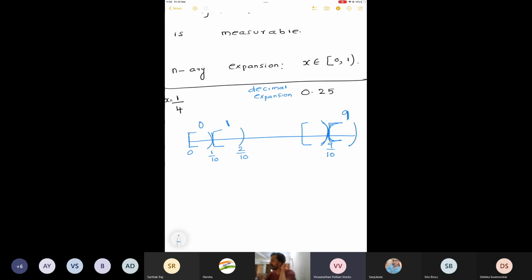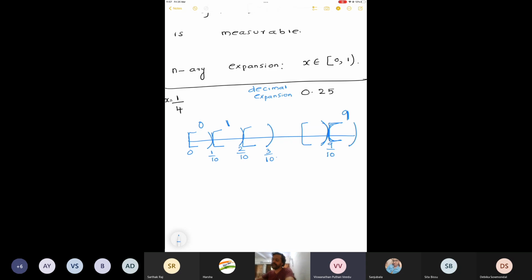Now you look at 1/4, and what you are searching for is the decimal expansion. We know it is 0.25. How to get it is the question. So look at 1/4 and determine in which subinterval it lies.